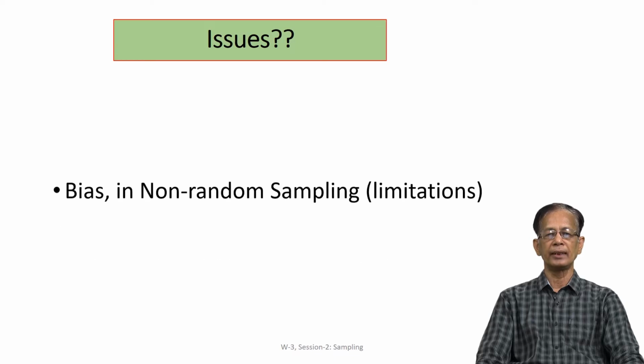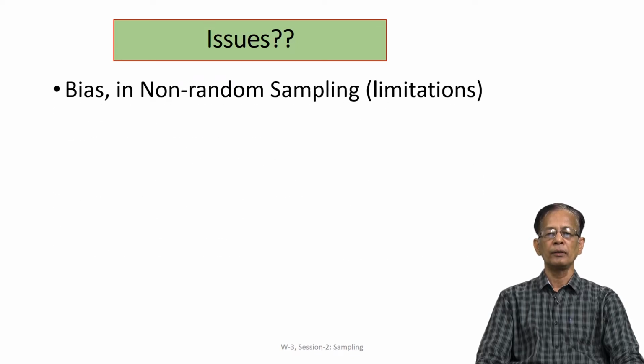Next, let us try to understand a few finer points as part of the issues in sampling. First, what comes to my mind is non-random sampling. If it is not random, there could be personal bias, bias of the interviewer, how he or she selects, where he goes.